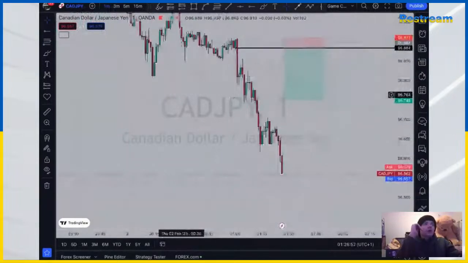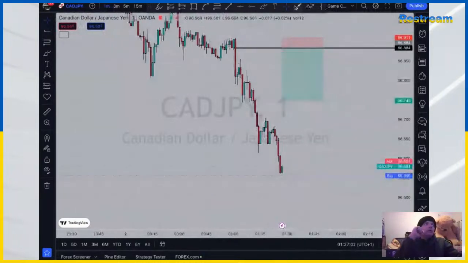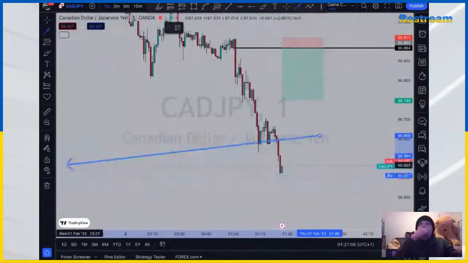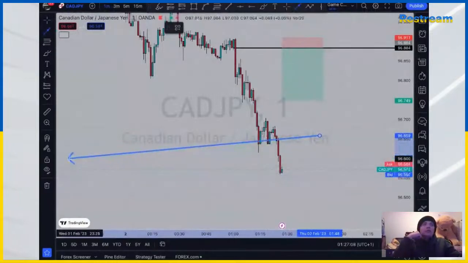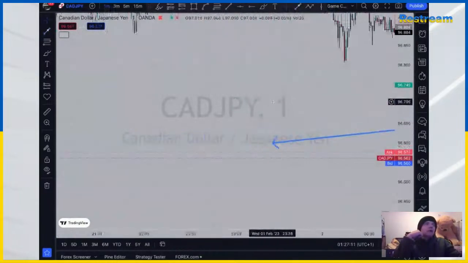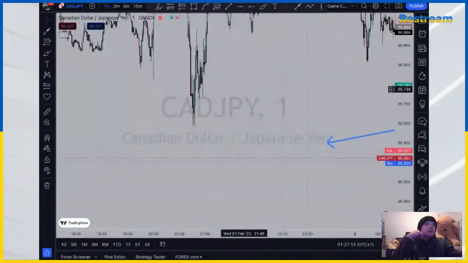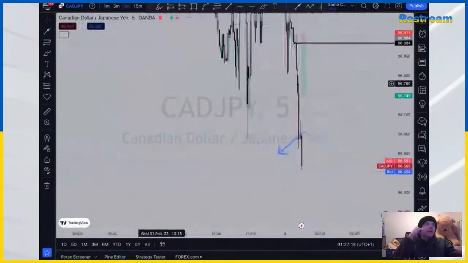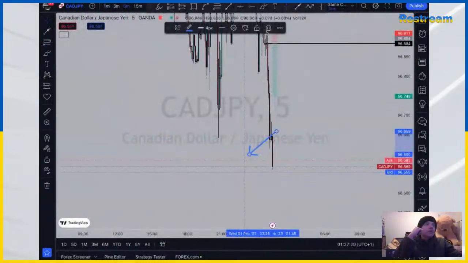So number one, you see the market dropping, right? Then look to the left. Where is it going? What does it want to mitigate? You zoom it out like this, or go to the higher time frame, like 5 minutes. So it's dropping into something.